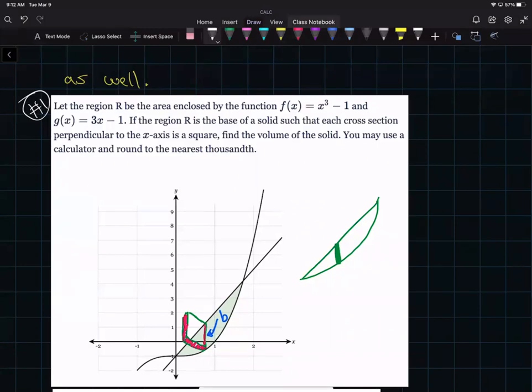Okay, let me know if you need more time to graph this.